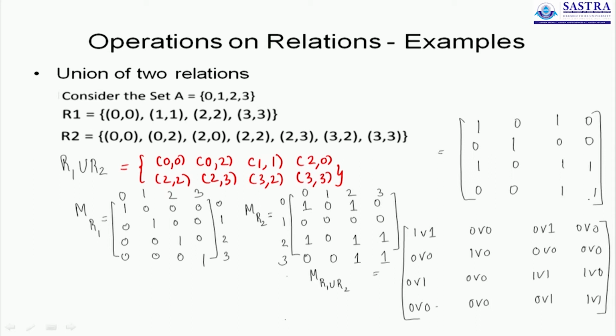And it is exactly these 8 elements that we had in the set. We have a 0 0, we have a 0 2, we have a 1 1, we have a 2 0 and a 2 2, 3 2 and a 3 3.